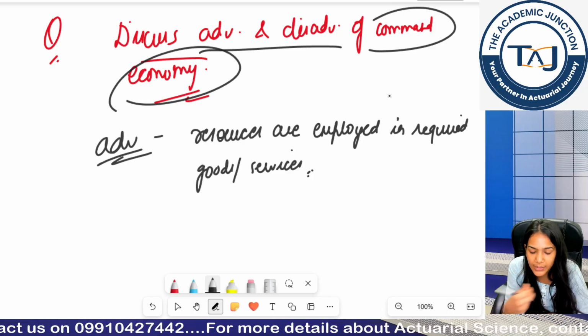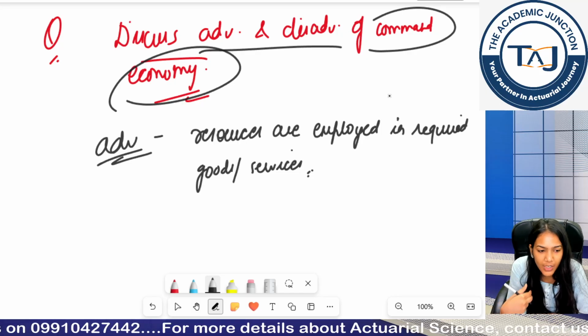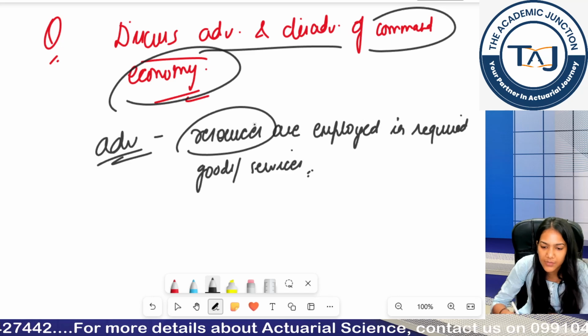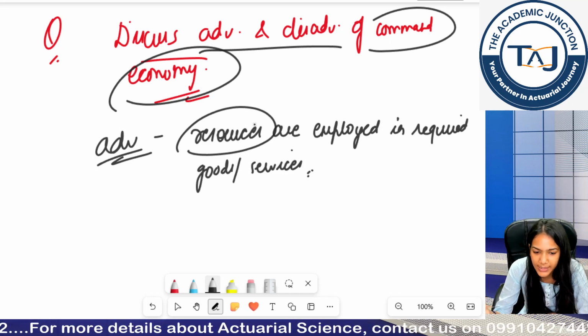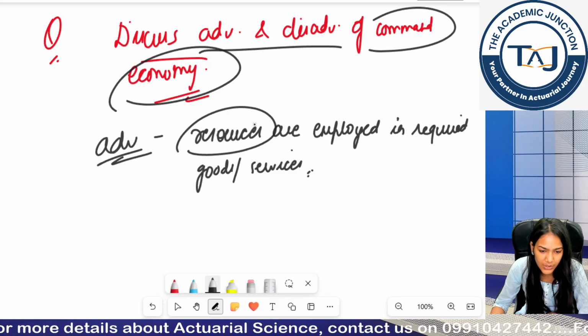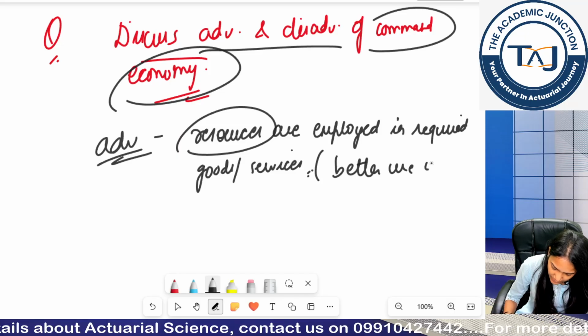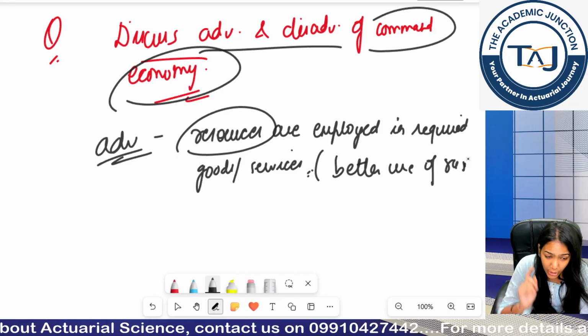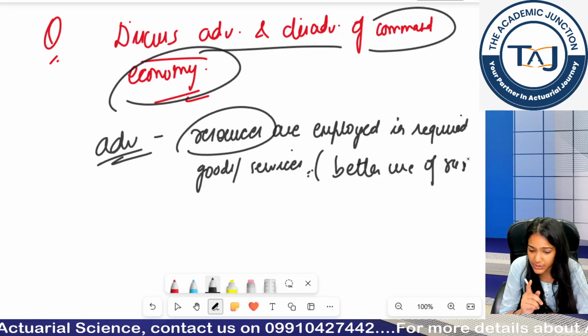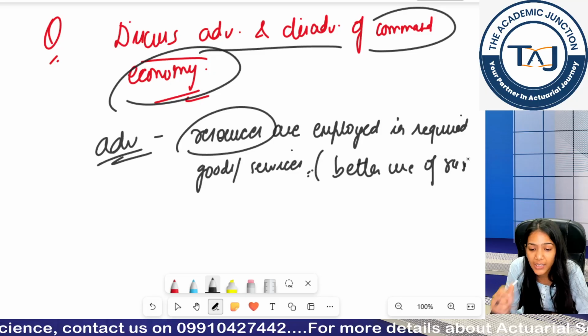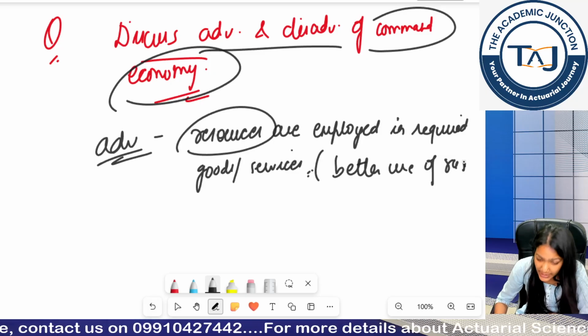They would influence the production units of cigarettes with their decision, and direct resources which were used for cigarettes into some better use. Okay, so I can say better use of resources. I am not talking about optimum use of resources, I am talking about better use of resources or resources for better goods or services. Okay, there is a difference.